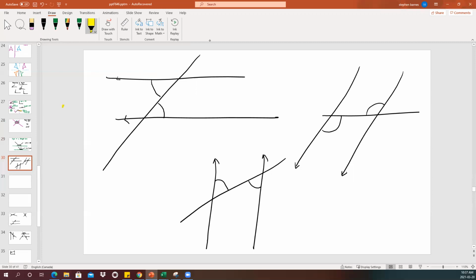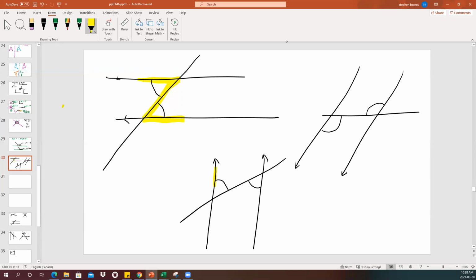Now the Z angle is exactly how it sounds, and I'm going to highlight the Z on each of them. So you see that Z right there? That Z is sitting properly, like how we know a Z should sit. But sometimes you will find them on their side or on their belly, but it is still a Z, right?